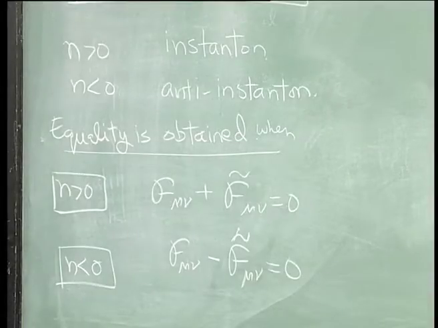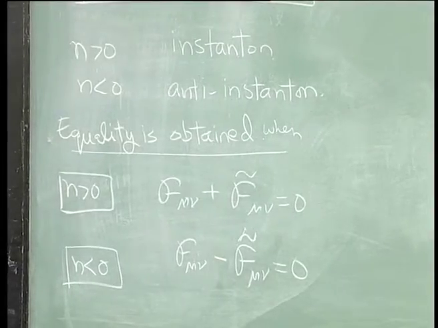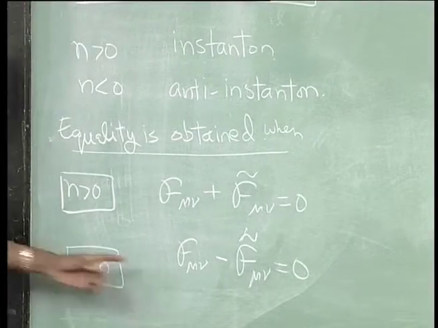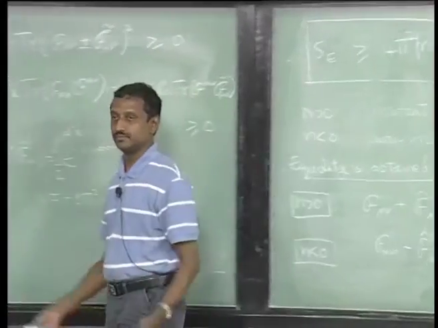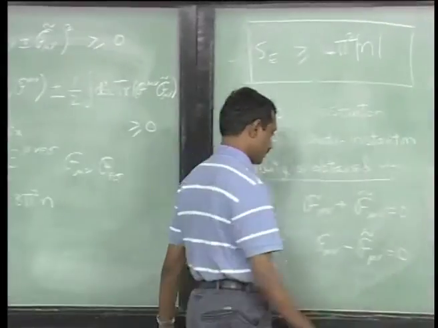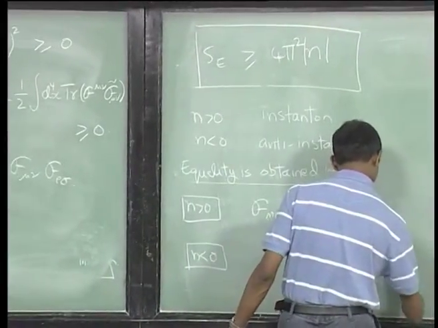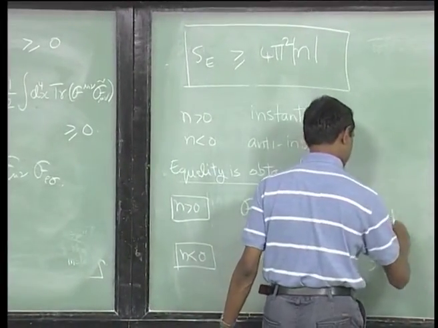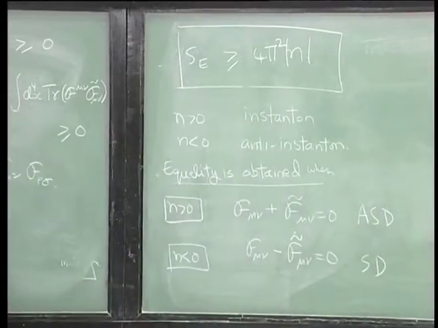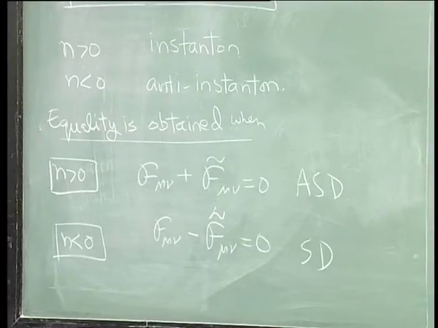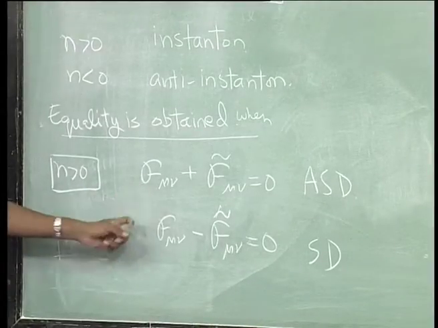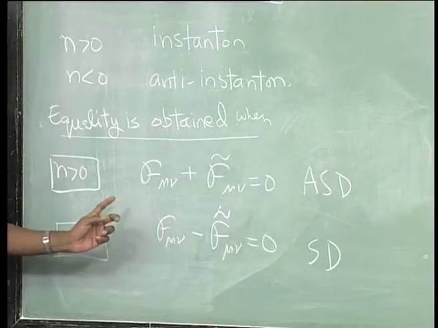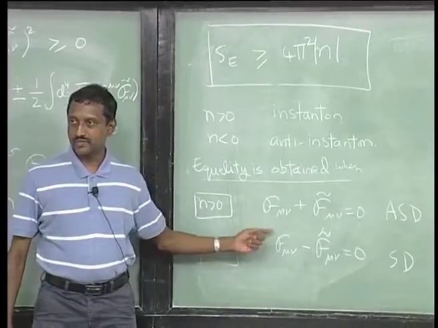So these are first order equations. Here, when F equals F dual, this is called a self dual instanton, and the other will be called anti self dual. These equations are a lot easier to solve because they are first order.